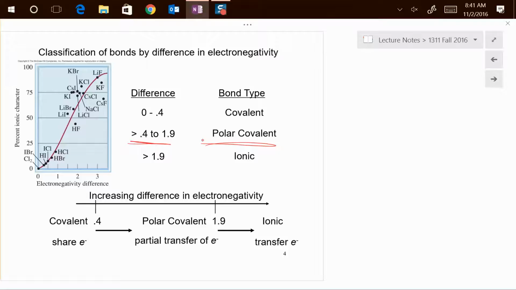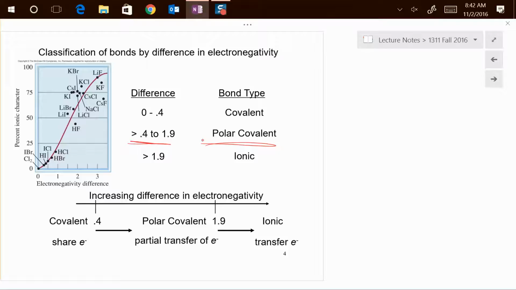So you create a sharing, but it's an unequal sharing. Oxygen gets the electron more often. So it creates a polar bond, where oxygen becomes partly negative and hydrogen becomes partly positive. So water, H2O, is a polar molecule because there's an unequal sharing of the electrons between the hydrogens and the electronegative oxygen, because oxygen is highly electronegative. So between 0.4 and 1.9, polar covalent. And 1.9 is teetering.